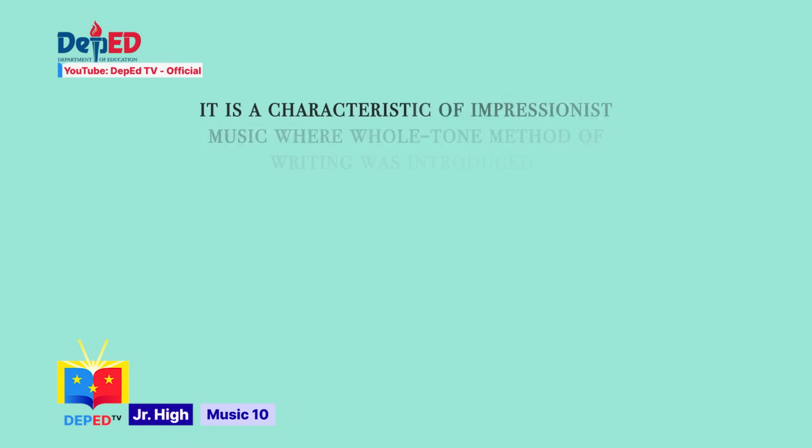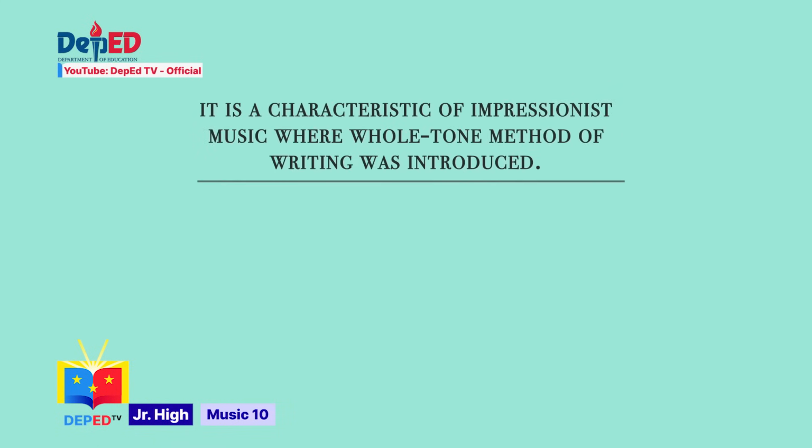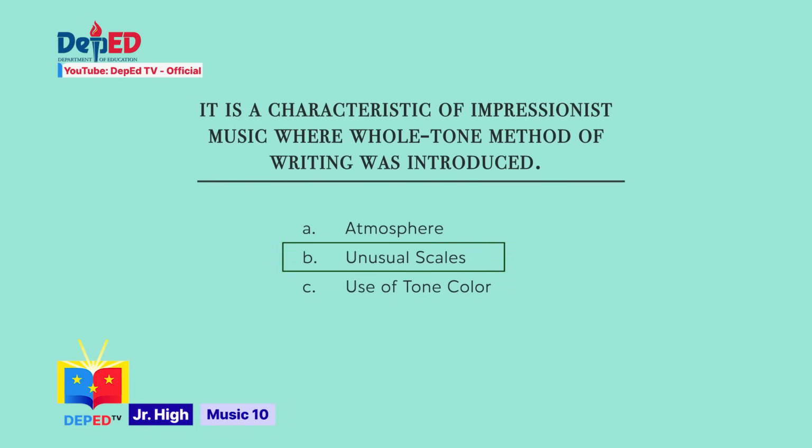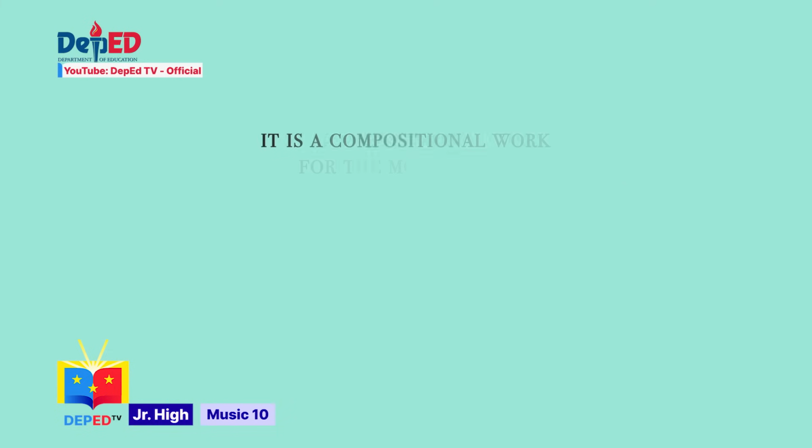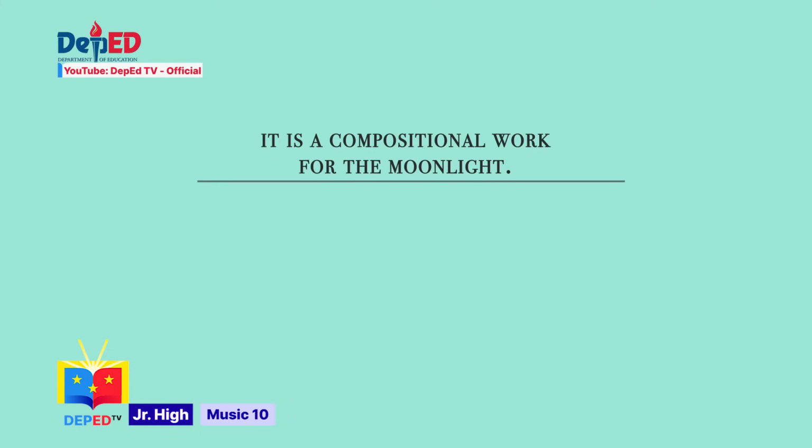Number 3. It is a characteristic of Impressionist music where the whole tone method of writing was introduced. The answer is unusual scales. Number 4. It is a compositional work for the moonlight.